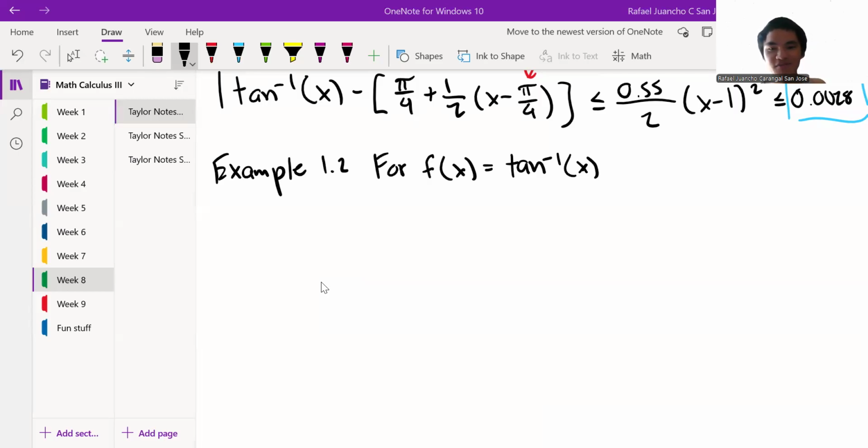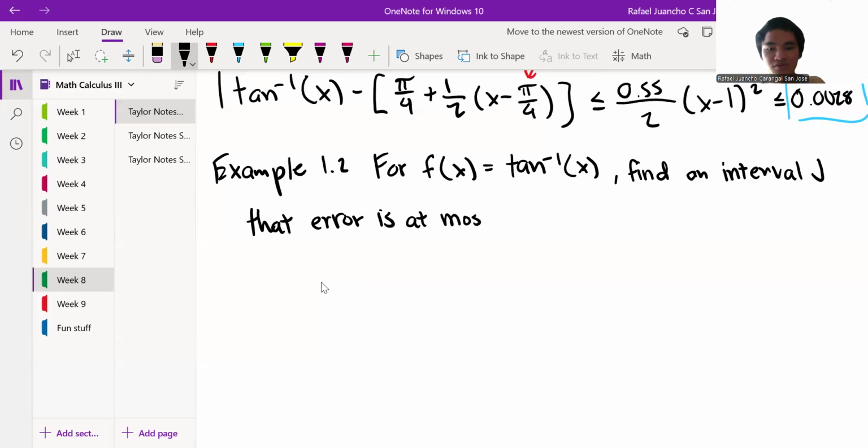We want to find an interval J. So here now we're being asked to find an interval that will give us a specific error. That error is at most 0.001 on J.